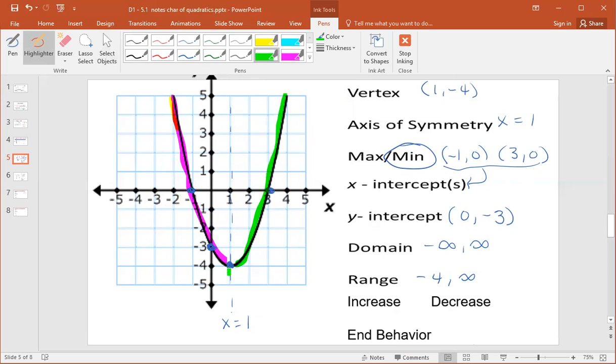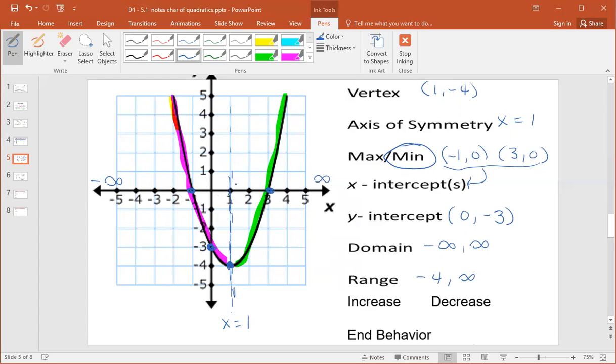Where this line changes, right here, that's the change. If I'm looking at the axis here, we have negative infinity, we have 1, and we have positive infinity.